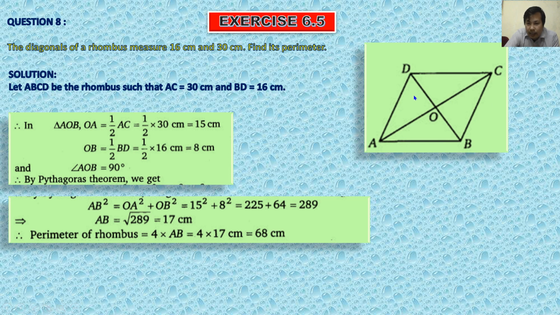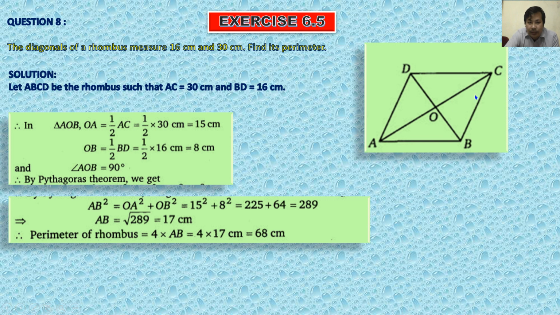Means AC is cut into equal halves, AO is equal to OC. Here also BD is OD plus OB, and OD and OB will be equal halves. They make equal halves by cutting here at O. That's why AO is equal to half of AC.